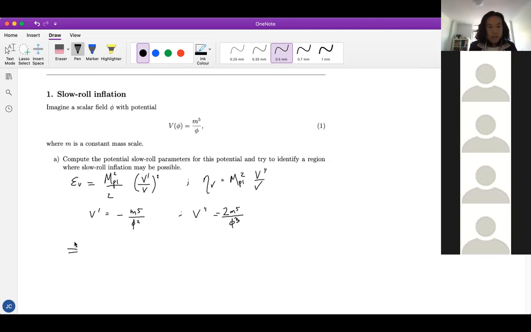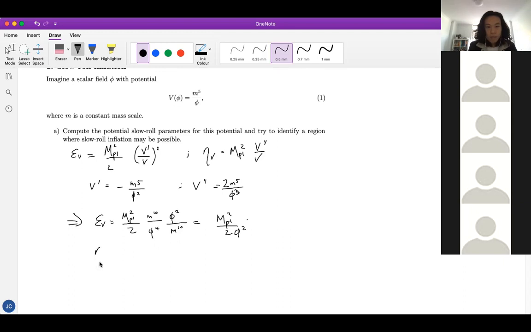Okay, so putting them in, epsilon V would just be M_Pl squared on 2, times m to the 10 on phi to the 4, divided by m to the 10. So all the masses cancel out, and you just end up with M_Pl squared on 2 phi squared.